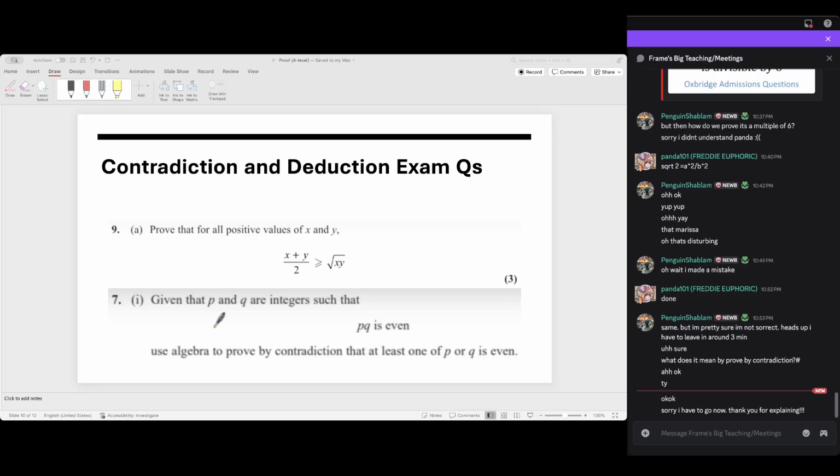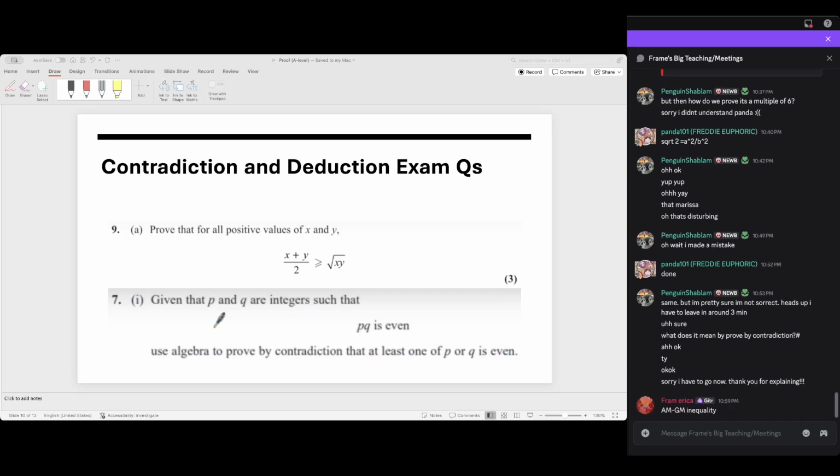This is the AM-GM inequality, basically arithmetic mean, geometric mean inequality. It means that the arithmetic mean is equal to or greater than the geometric mean. The geometric mean is the square root of x times y. The arithmetic mean is x plus y over 2. And this is the proof that comes within the British Math Olympiad.